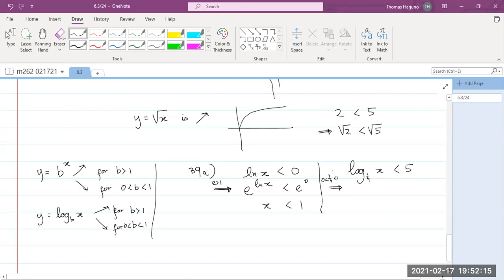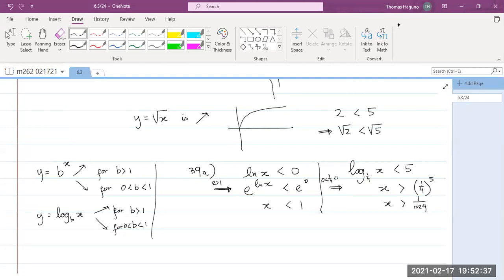When I apply the base 1/4, I need to flip the inequality. 1/4 to the 5th, so x is greater than 1/1024. Okay, I hope you see why this question is actually not that simple. The questions in our book are actually simple because the base is always greater than 1.